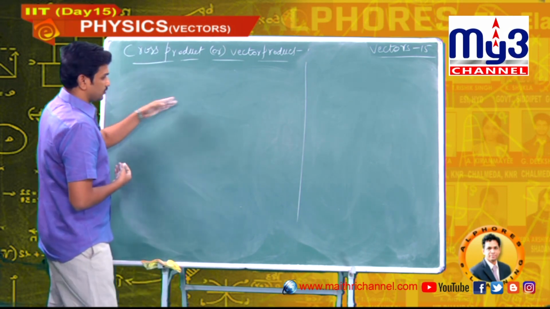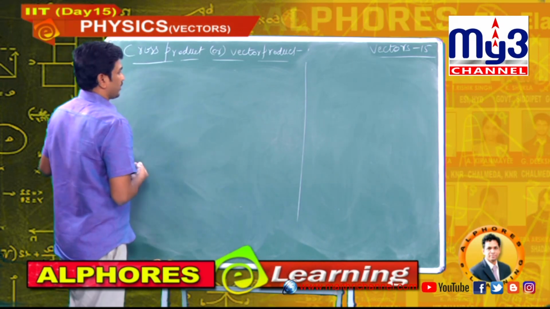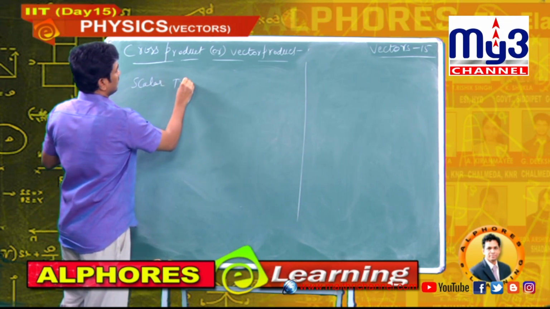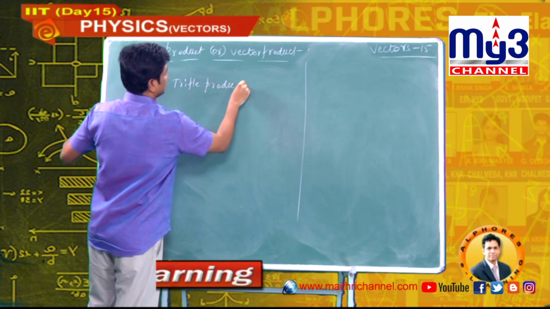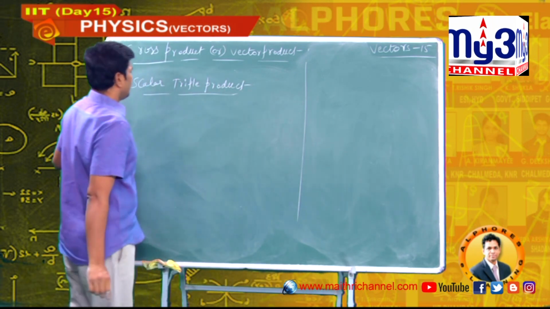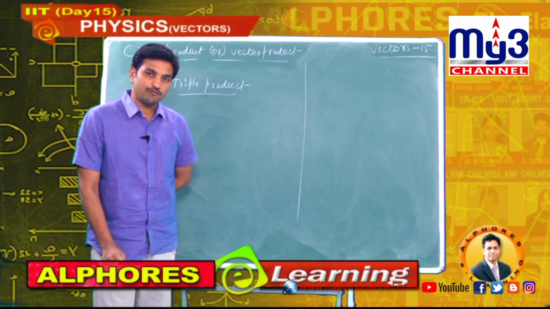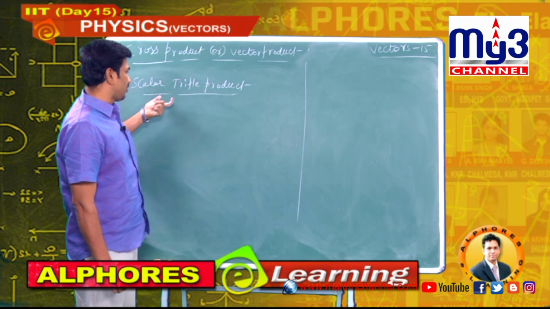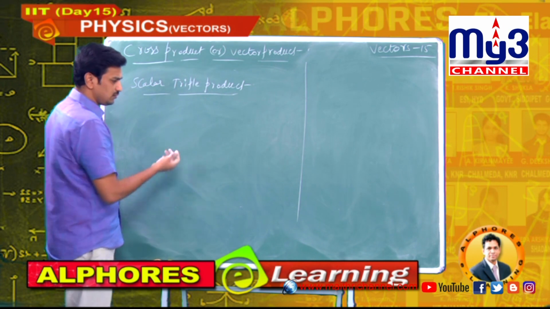See, I will tell you briefly what exactly scalar triple product and vector triple product are. Scalar triple product, where we will use this to calculate volume of parallelepiped. To calculate volume of parallelepiped, we will use scalar triple product. We will see that.